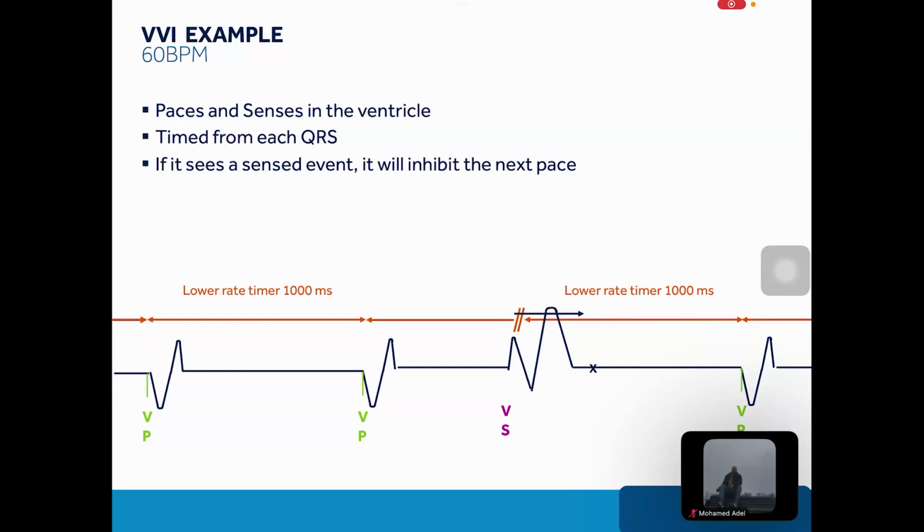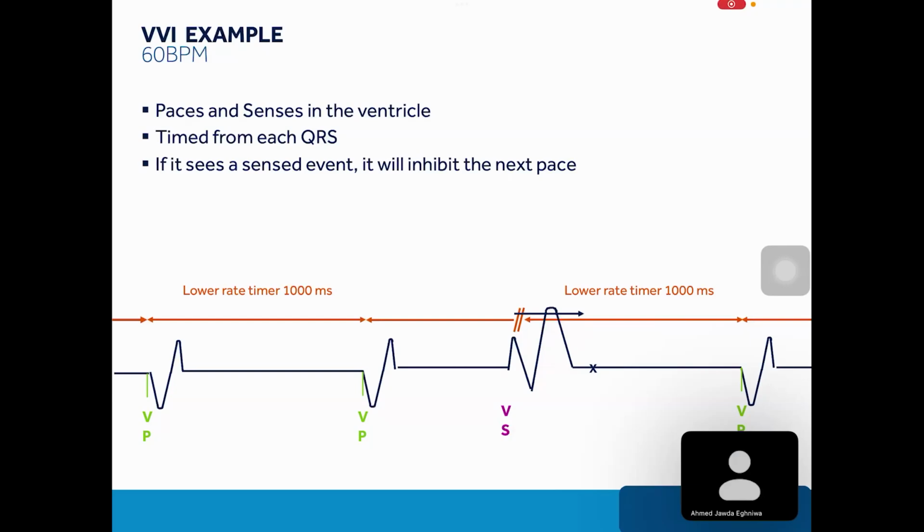What is meant by inhibition of pacing due to a sensed event? This is the letter I. Something occurred, like atrial ectopics.